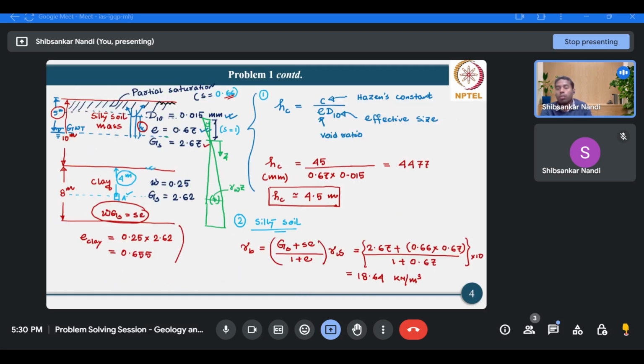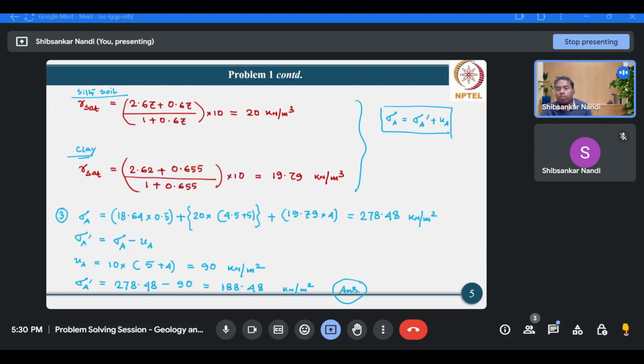Why? Because the pore water pressure in this region becomes negative, tensile in nature. So minus of minus uA would become plus uA.